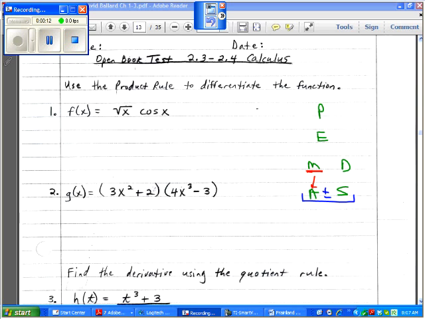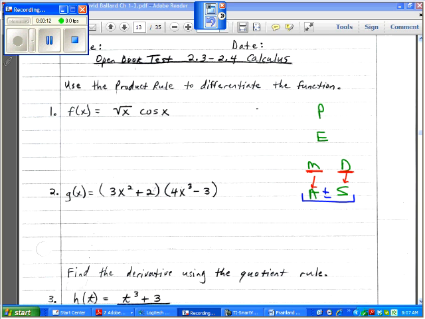When you take the derivative of a quotient, it is the denominator times the derivative of the numerator, minus the numerator times the derivative of the denominator, over the denominator squared.